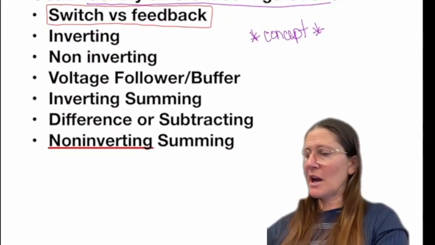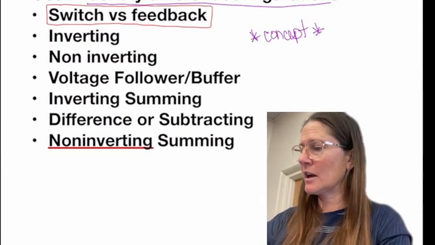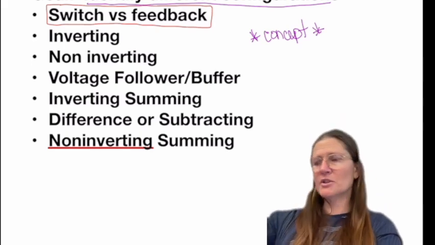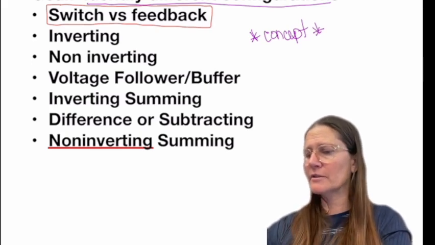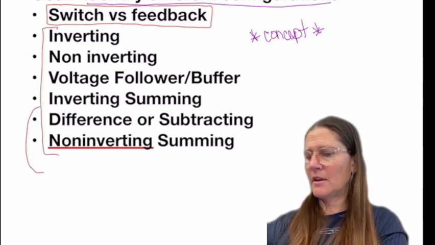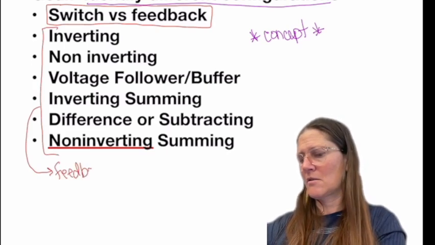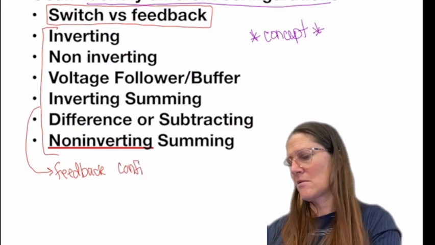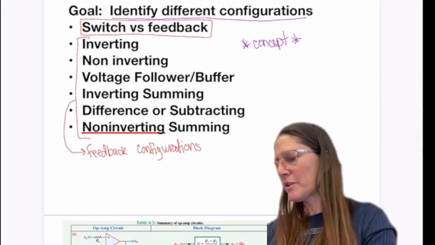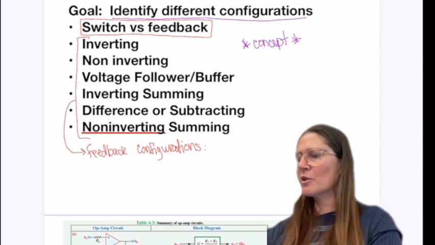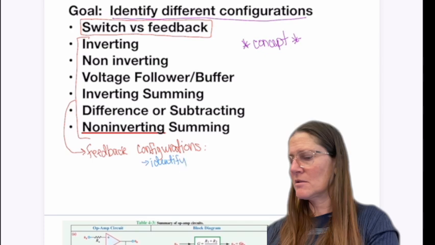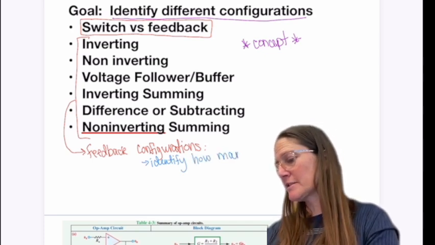So if I have feedback, then I can have any of these specific types of configurations. So all of these are feedback configurations. With the feedback configurations, you're going to identify them based on input. So how many inputs?